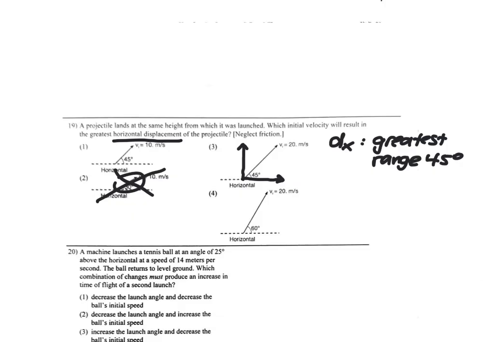You're going to be like, oh, 45 degrees, so the answer is choice 1. There we go, 45. Well, I also have choice 3 over here, which is also 45, but has a greater speed. And so with a greater speed, it's going to have greater x and y velocity. So a greater speed and 45 degrees is going to get us the greatest range, so that is choice 3.